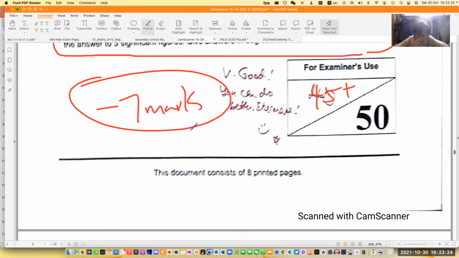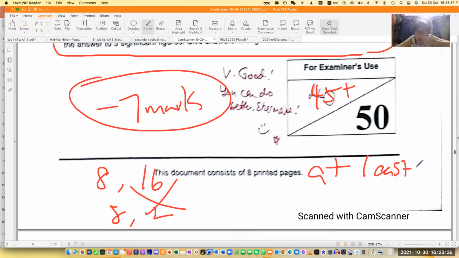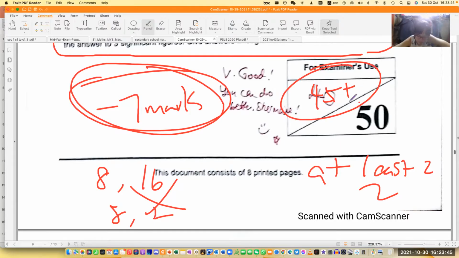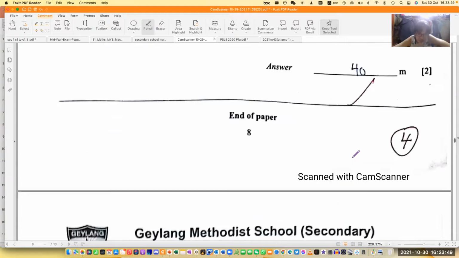Never ask you to round, you go and round. 8 and 16 is the answer, you go and write 8 and 2. I don't know why you write this. People ask you at least 2, you give 2. So minus 7 marks. So if you add 7 marks to this 40, I expect you to score 45 plus. This is paper 2.